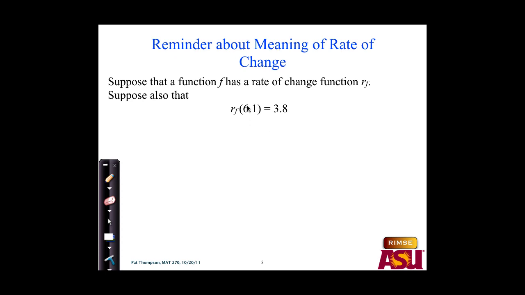So any small amount that I vary away from 6.1, small amount being the key, the output will vary by 3.8 times as much. General dy equals m dx sort of formation.